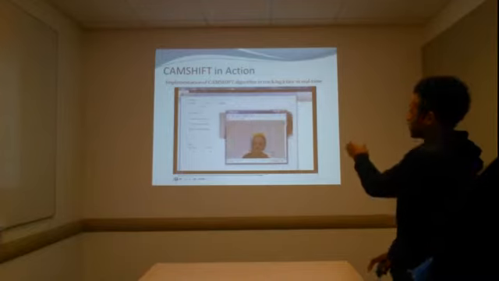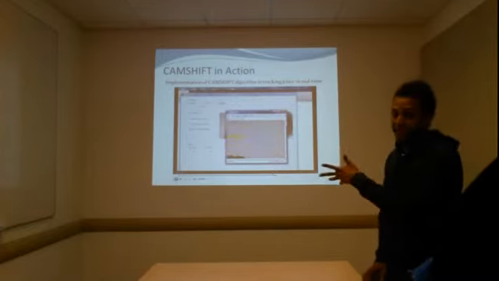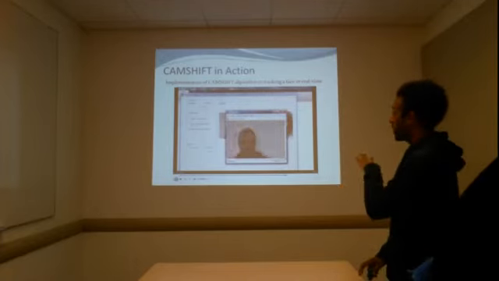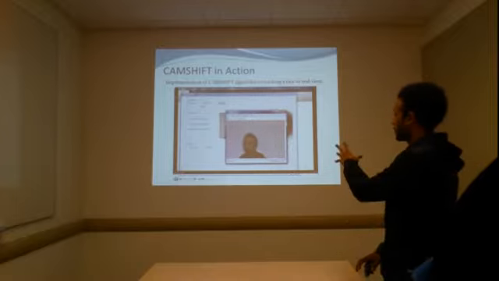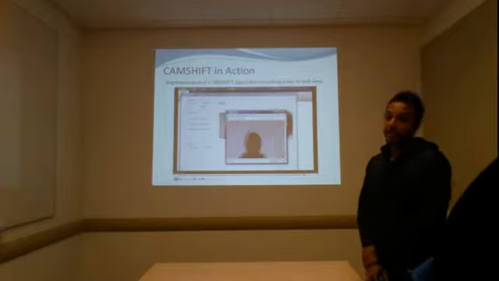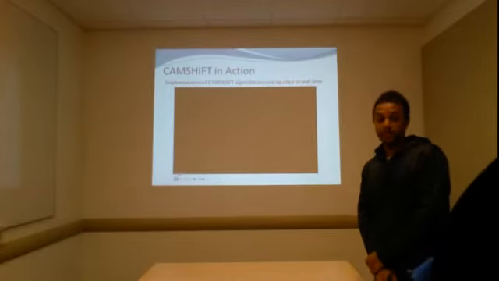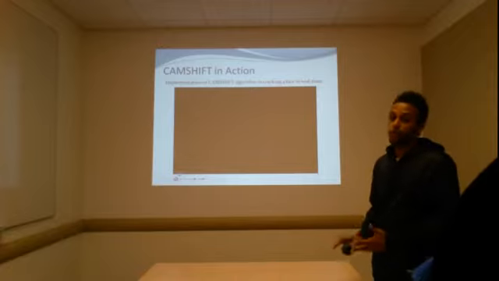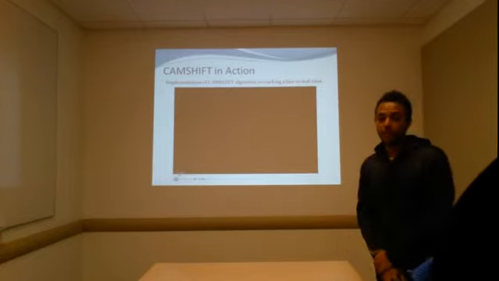So at this point, it's basically having some difficulties distinguishing between maybe my skin tone and the background color. Now as I move out of focus, look at what happened. It cannot readjust itself to retrack my face like the Kalman did. So in this respect, the CamShift and the KLT algorithm act very similar when faces move out of focus. So as they are, they cannot really handle occlusion properly.